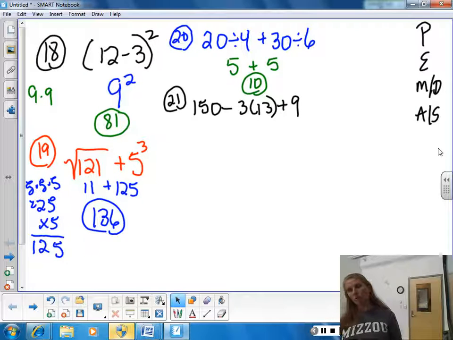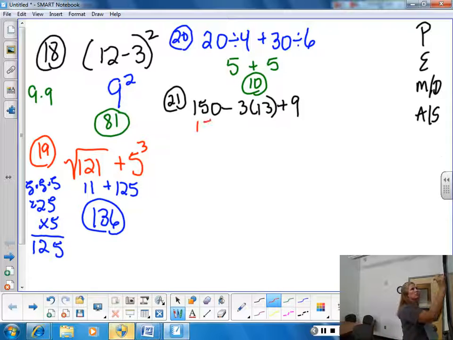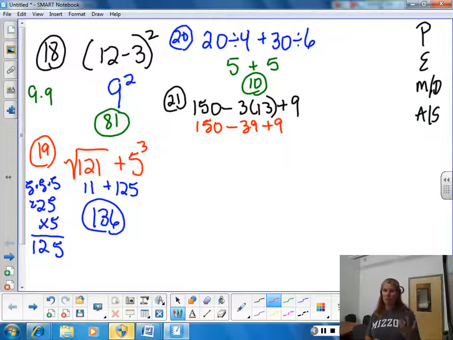I'm going to work that in the right order, and that means I'm going to do the multiplication first. So I have 150 minus 39 plus 9. The next thing I'm going to do is subtraction, because for subtraction and addition, whichever comes first from left to right. So we're going to do the subtraction, and then finally we're going to do the addition because it's the last one.